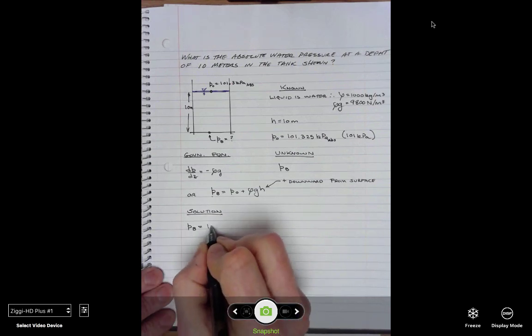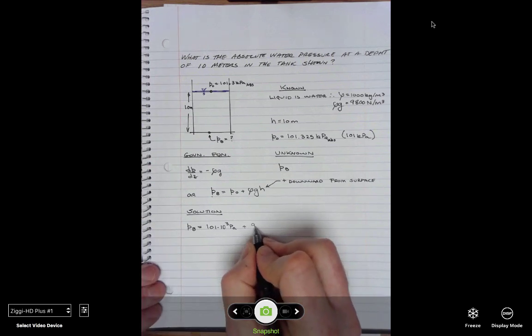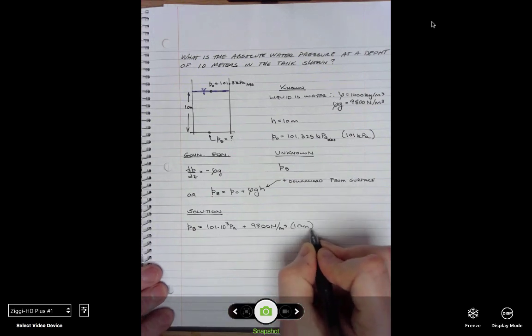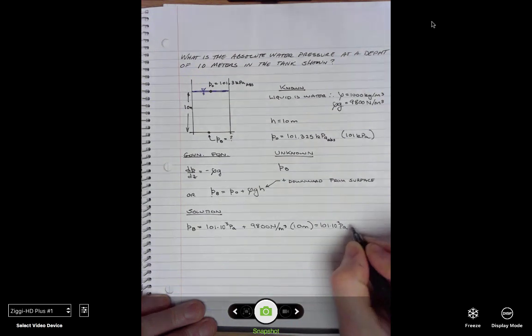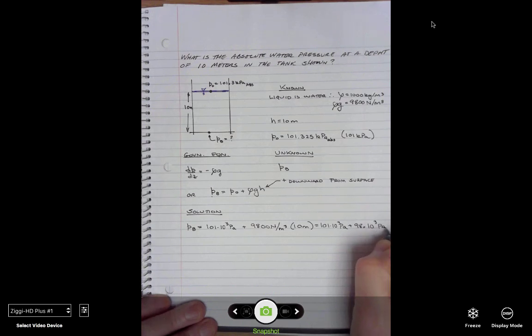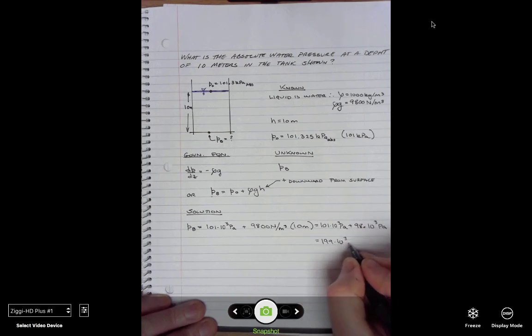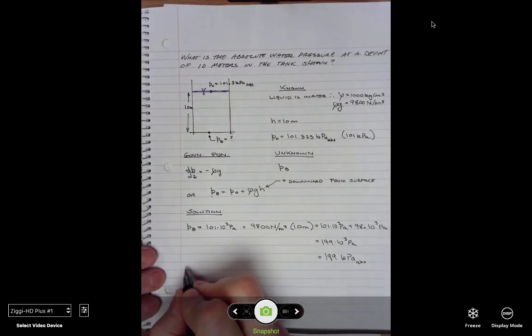PB is equal to 101 times 10 to the third pascals plus 9,800 newtons per meter cubed times 10 meters, which equals 101 times 10 to the 3 pascals plus 98 times 10 to the 3 pascals, which equals 199 times 10 to the 3 pascals, which equals 199 kilopascals absolute. So almost 2 atmospheres.